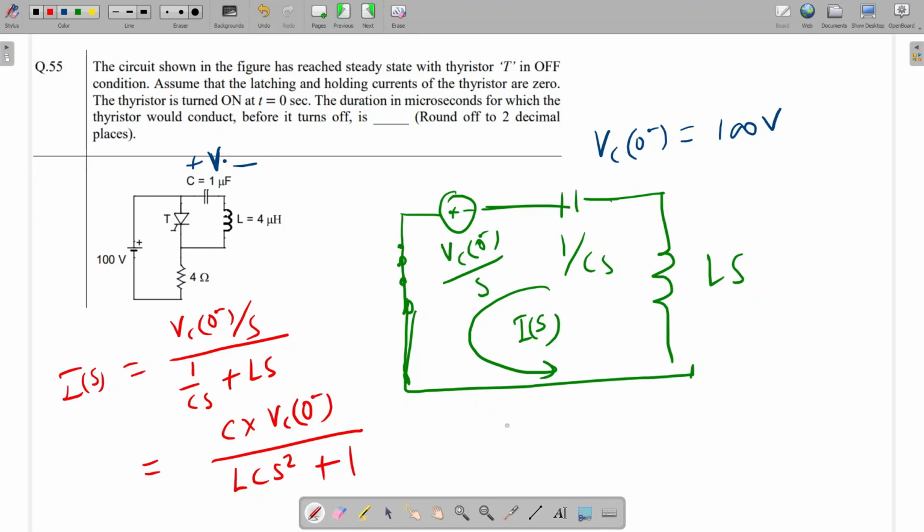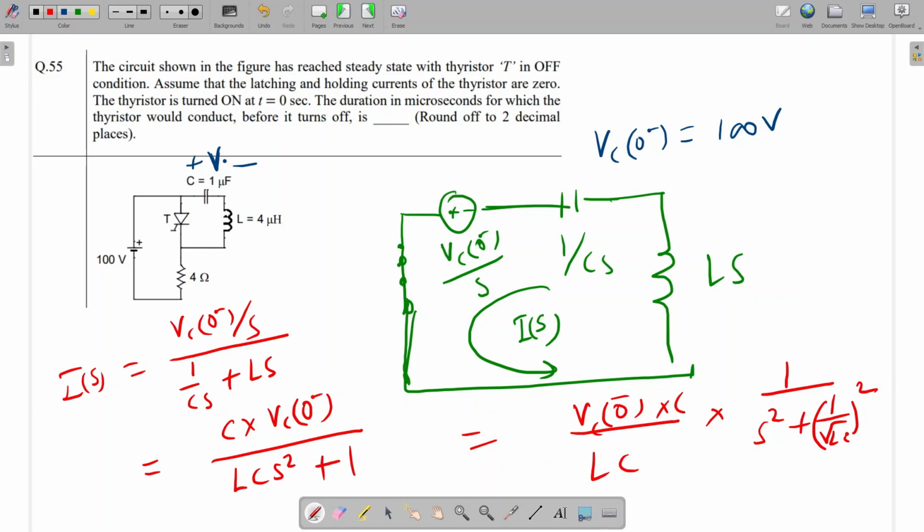So again we can write this, taking LC as common. So what will be the value? VC(0-) divided by LC, and above it will be C into 1 upon s square plus (1 by under root LC) whole square. So this C will be cancelled.